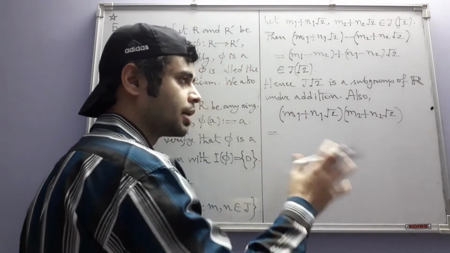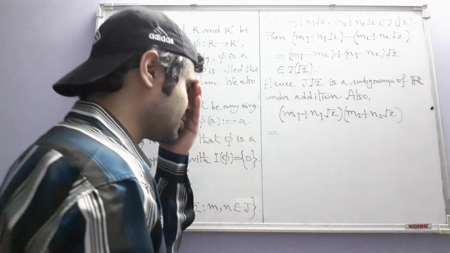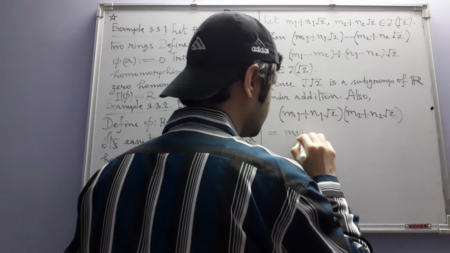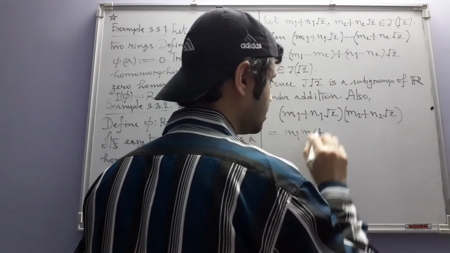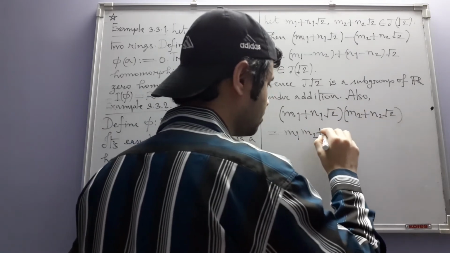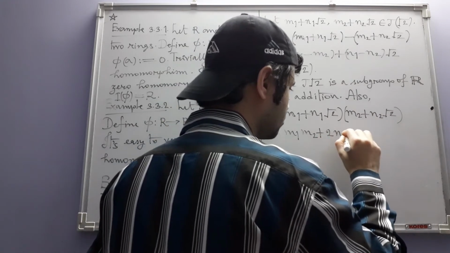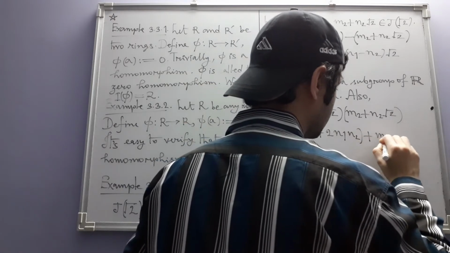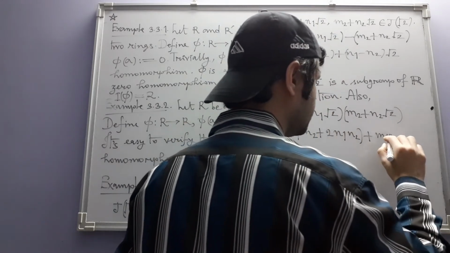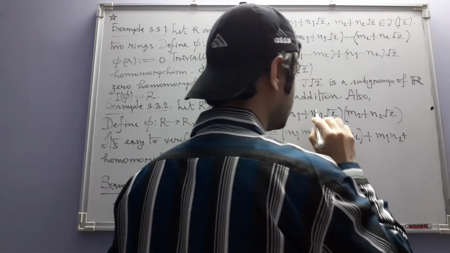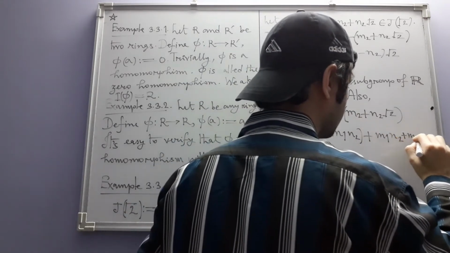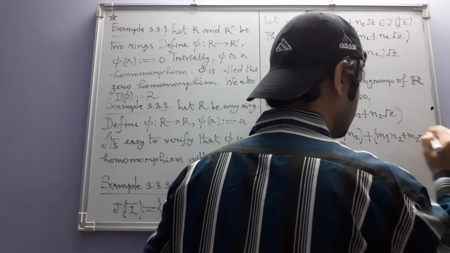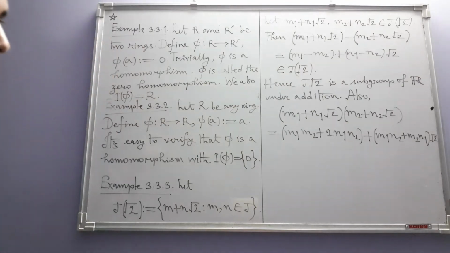After multiplying out term by term and after collecting common terms, we get something like this: m1 m2 plus n1 n2 and root 2 will become 2, n1 n2, plus m1 n2 plus m2 n1 root 2.